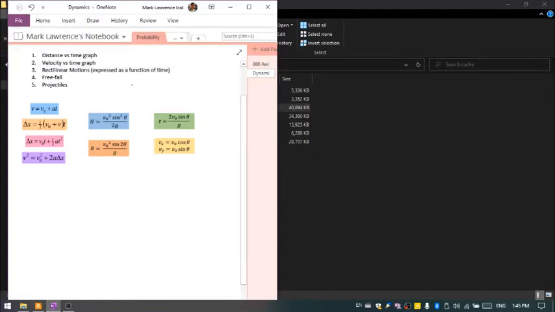The distance versus time graph, basically from the name itself, is a representation of the relationship between distance, let's say distance is x, and time.